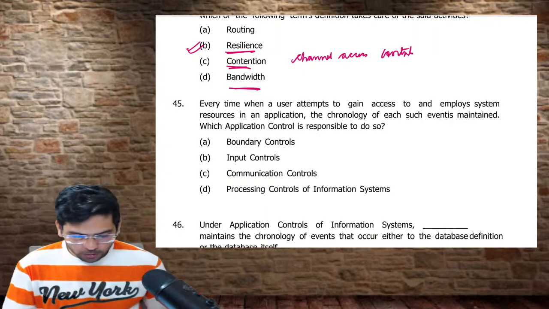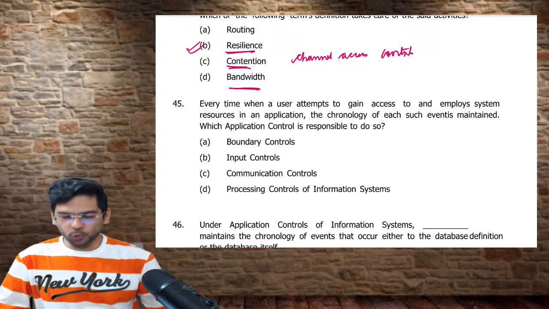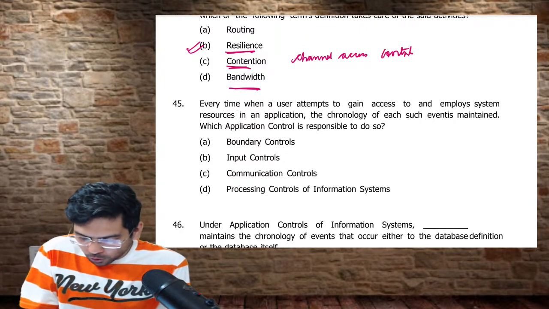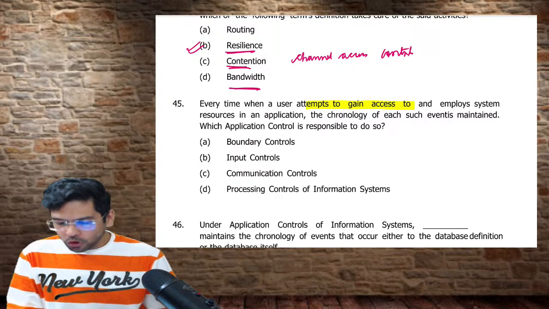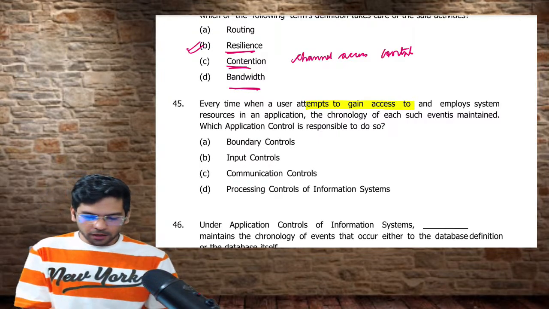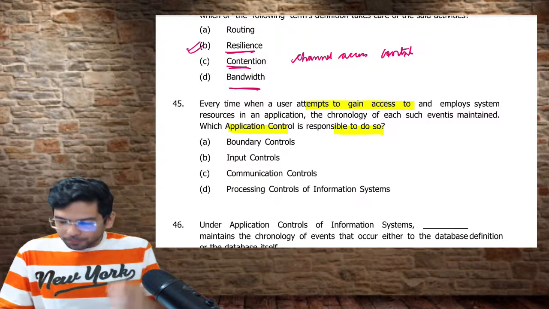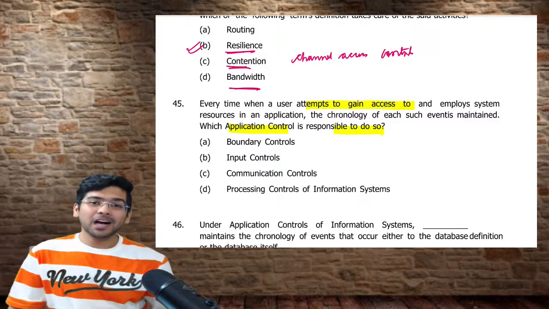Yes, it's a simple question. Every time a user attempts to gain access to and employs system resources in an application, the chronology of each such event is maintained. Which application control is responsible to do so? The moment somebody is trying to log into the systems, a chronology of events will be maintained.